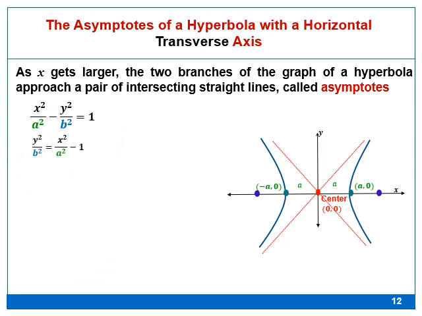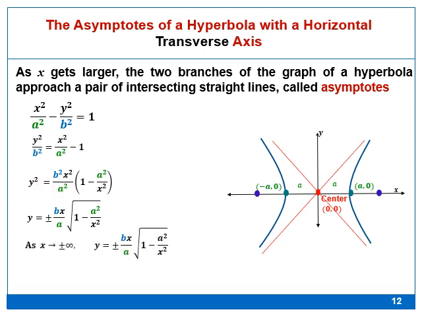We start by taking the y squared over b squared on one side and all the other terms on the other. Then we multiply by b squared and take the x squared over a squared as a common factor from these two terms. Then we'll take the square root of both sides. This will give us x squared in the denominator.